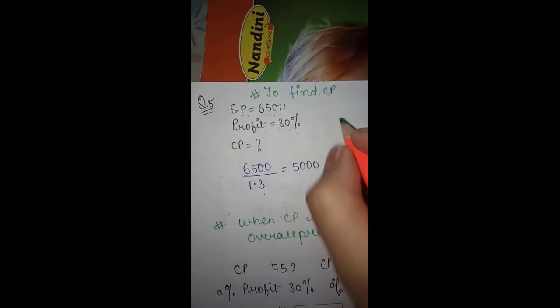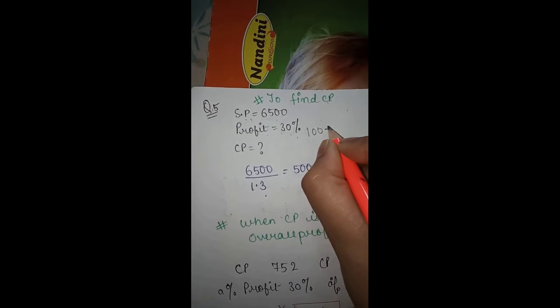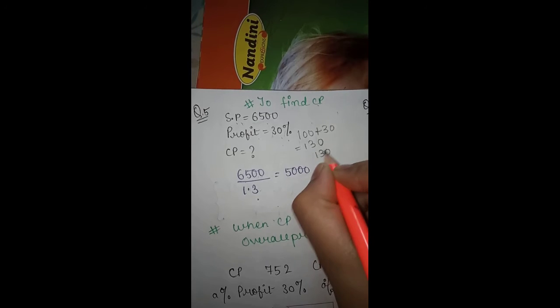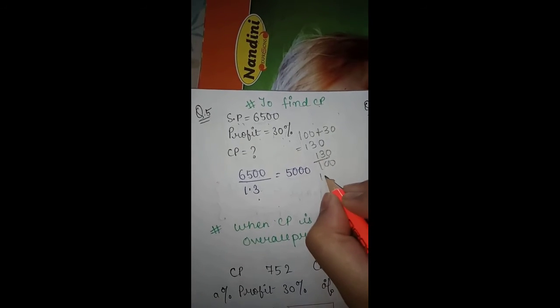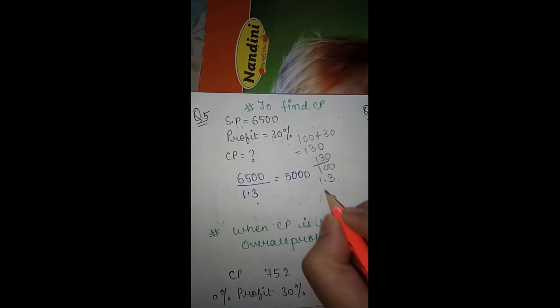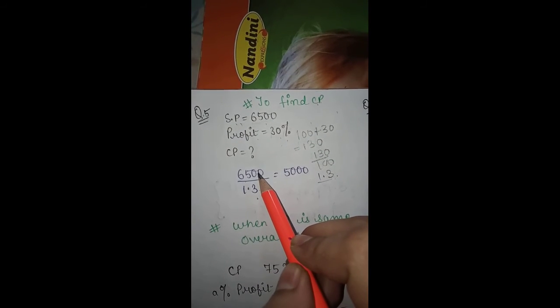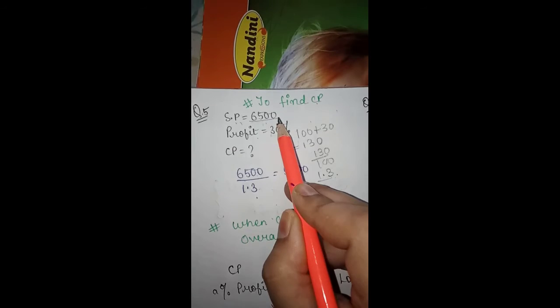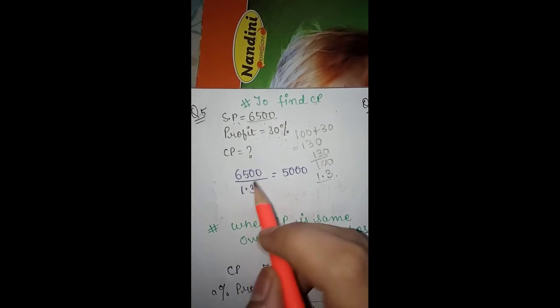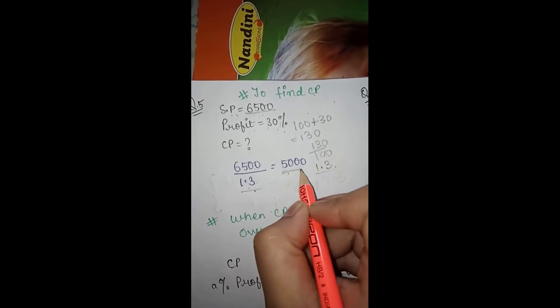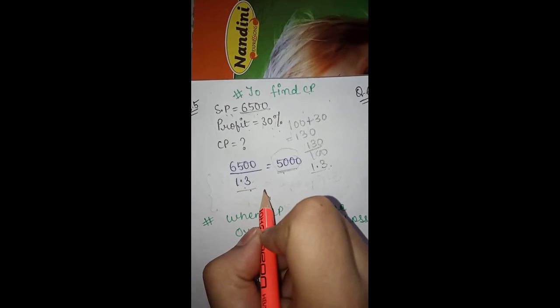Here the multiplication factor will be 100 plus 30, that is 130, and 130 upon 100 is equal to 1.3. The multiplication factor is 1.3. So here the selling price is 6,500, selling price upon the multiplication factor, so we have a cost price, that is 5,000.